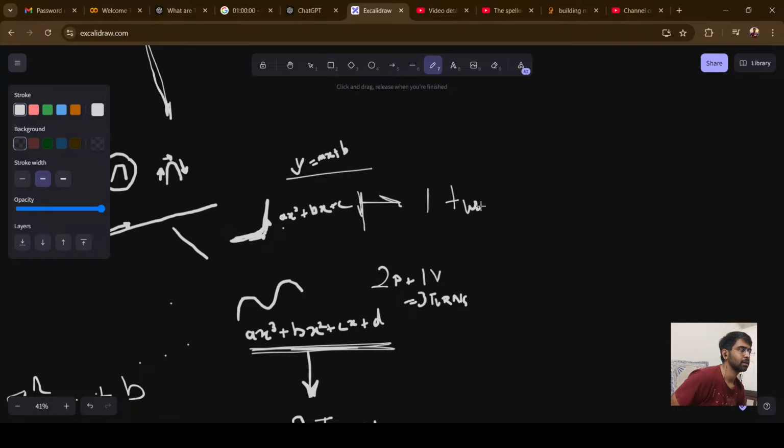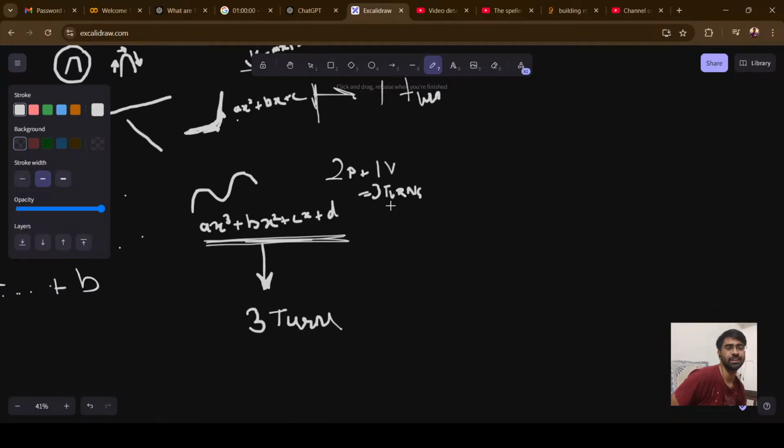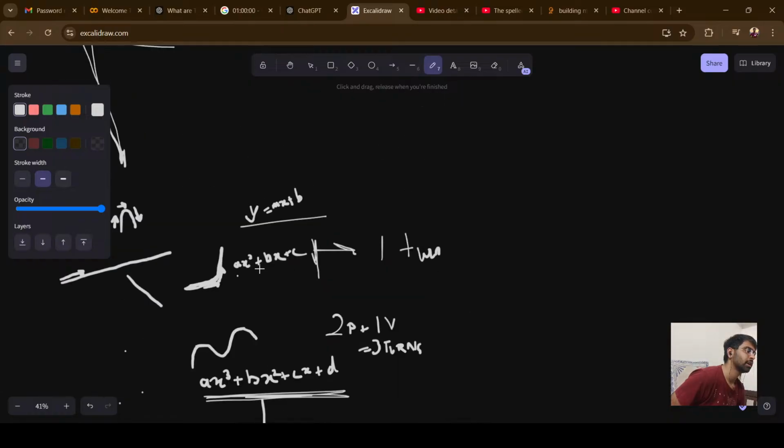So it comes out that these three turns are because this equation has three roots. Similarly, this has one root.